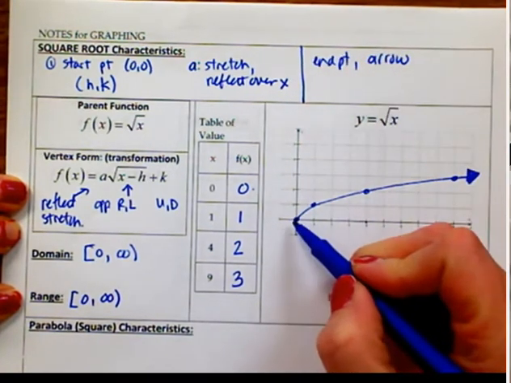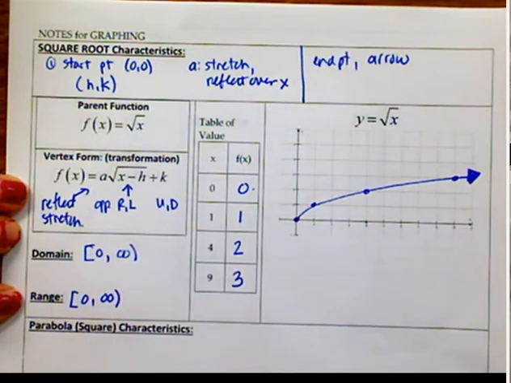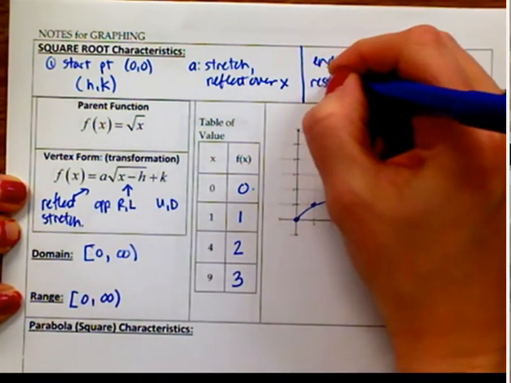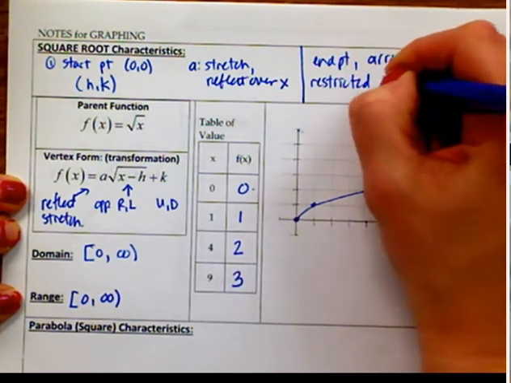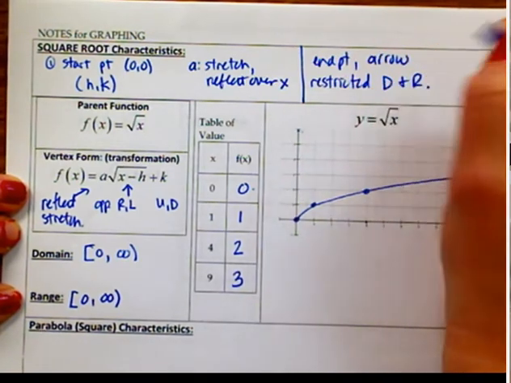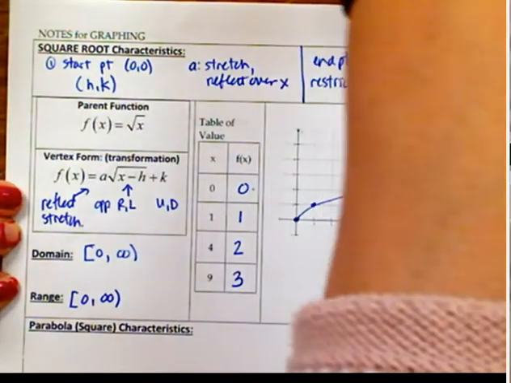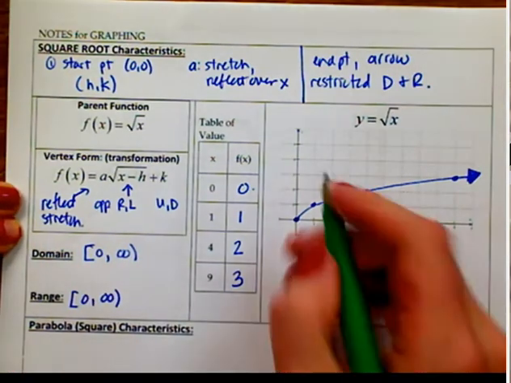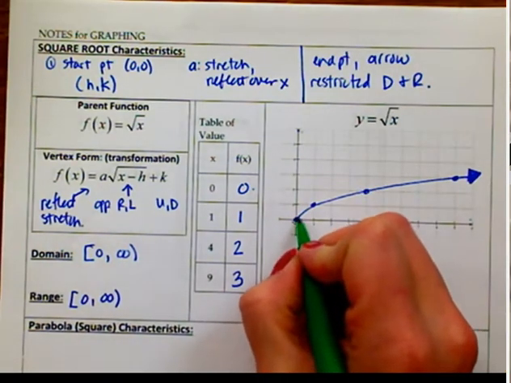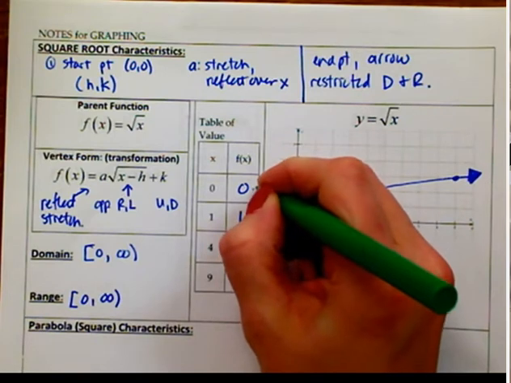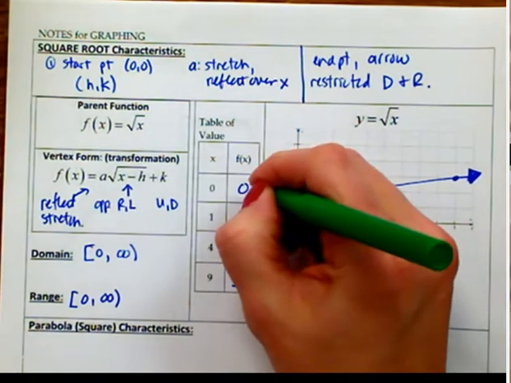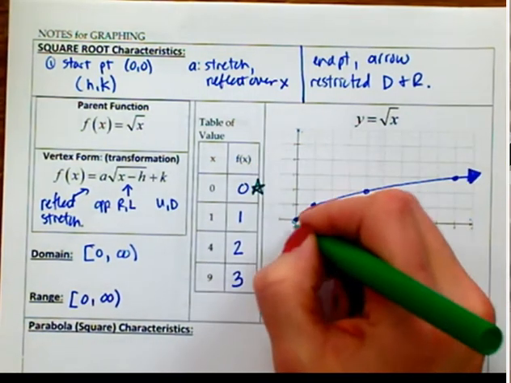We have restricted domain and range. And then let's look at how do you actually graph this. Okay, so if I start at the beginning, I'm not going to label this the vertex, but I am going to label it the starting point.